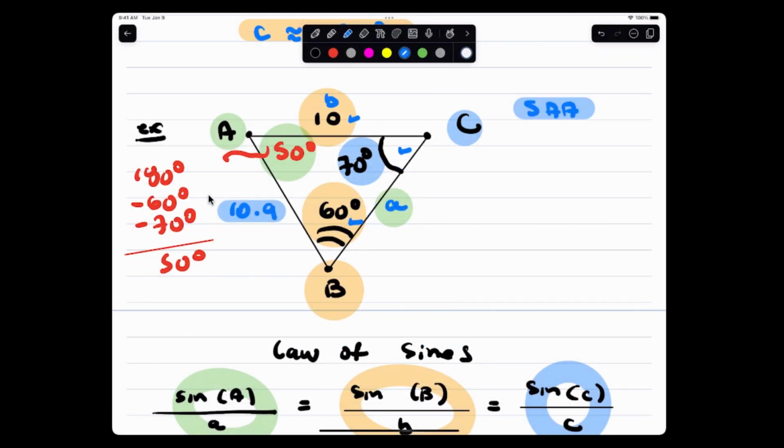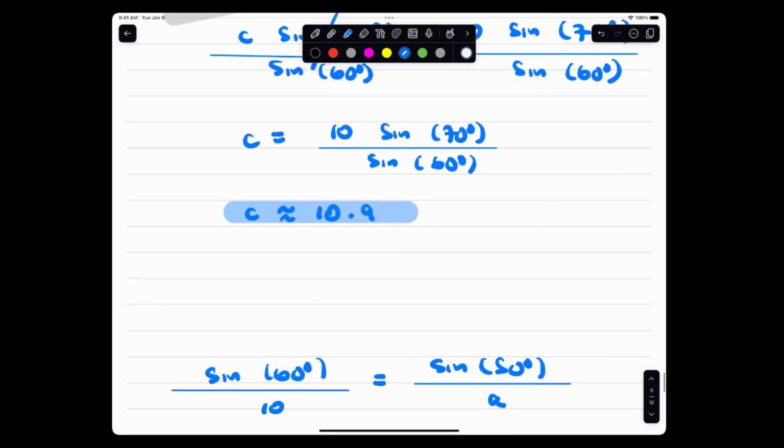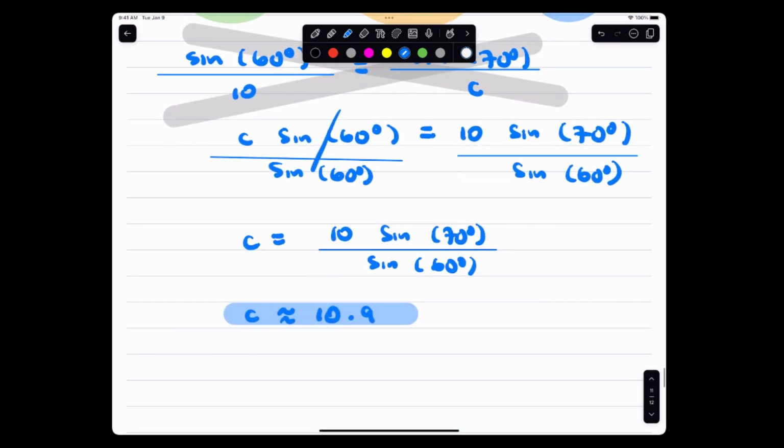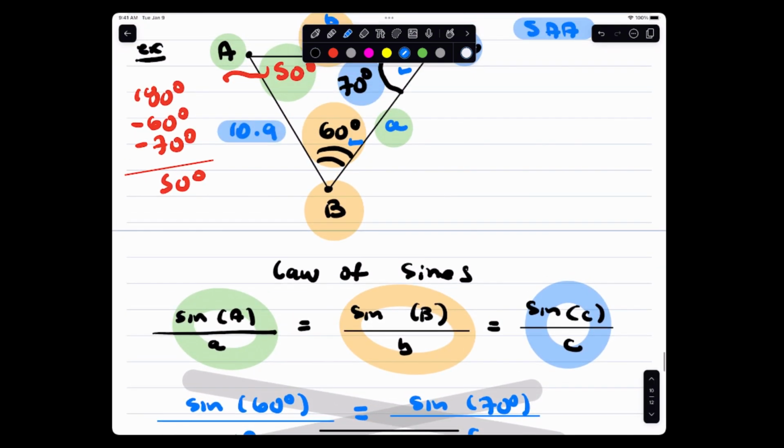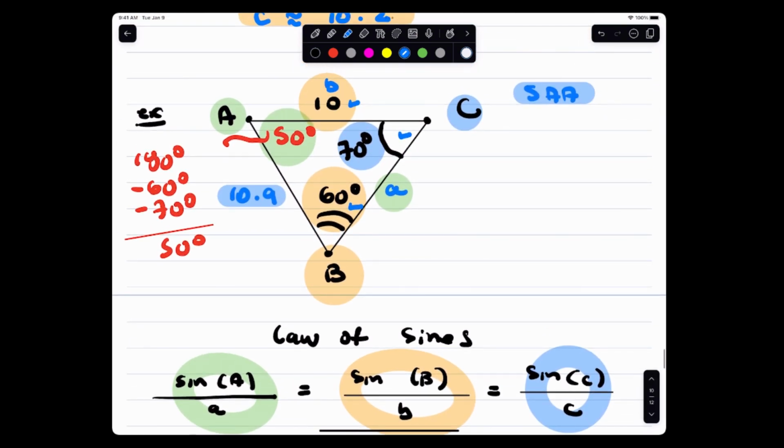And there you go. Oops, you guys can't see that. Okay, there we go. We just put here C, 10.9. So 10.9 goes up here. So now we have to find A, right?